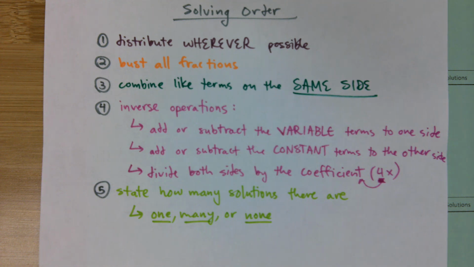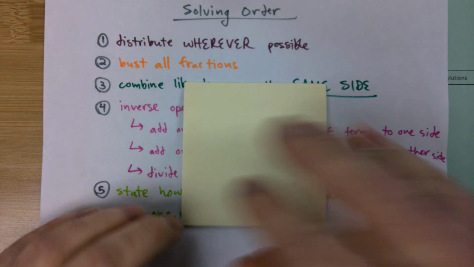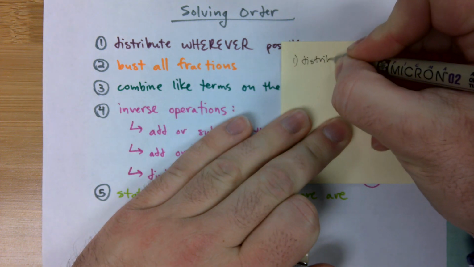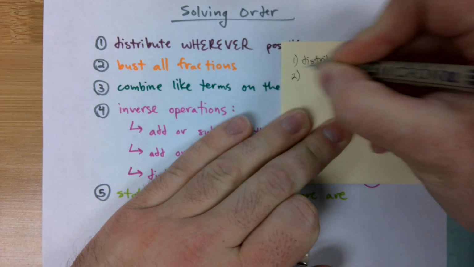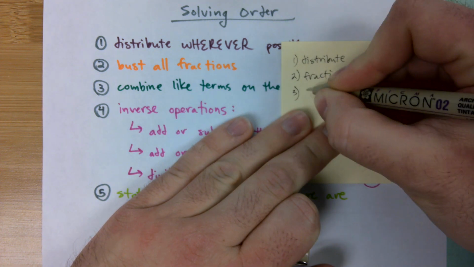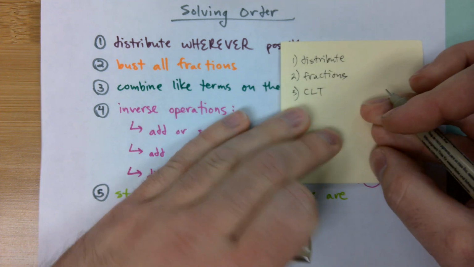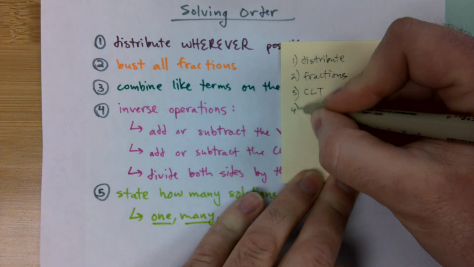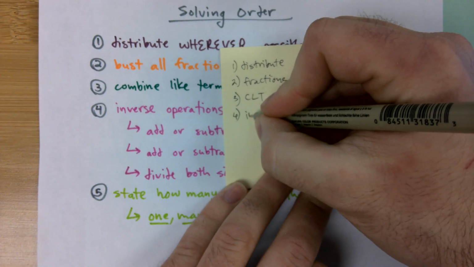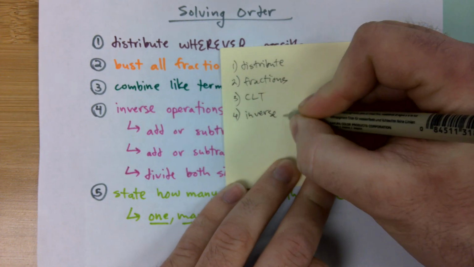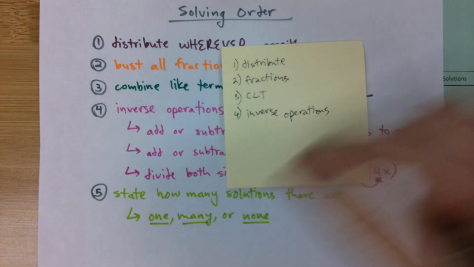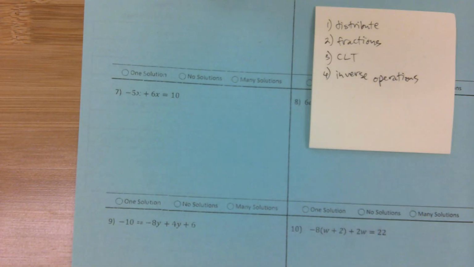I'm going to get a sticky note here, and I'm going to shorten this. First, we're going to distribute. Second thing is fractions. 3 is combine like terms. 4th is inverse operations. And then we got to state how many solutions we have, which we'll get to.